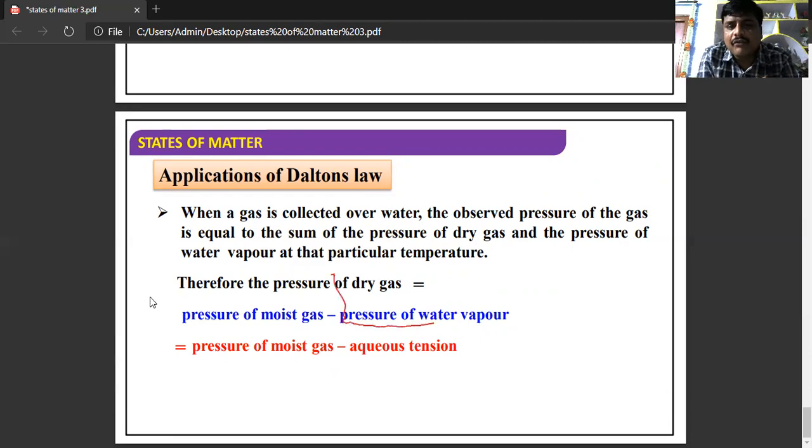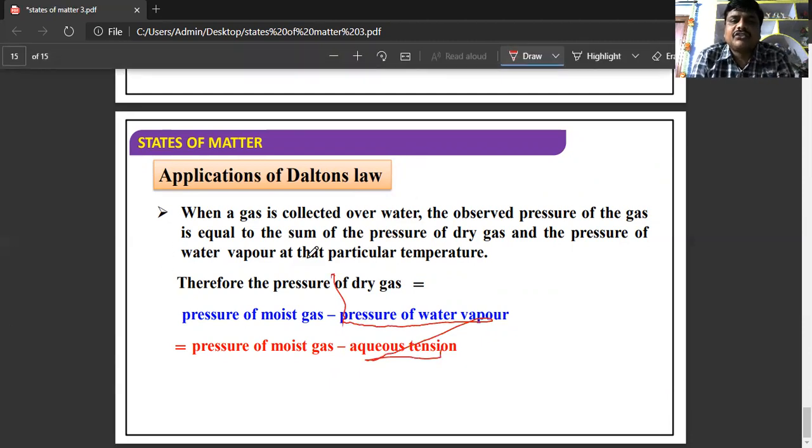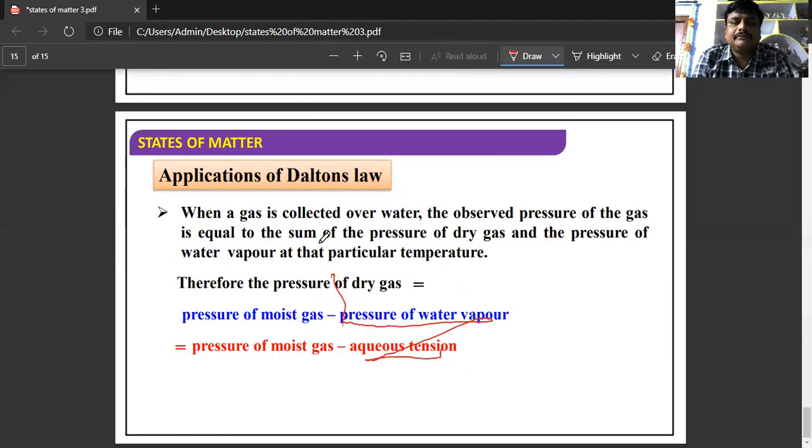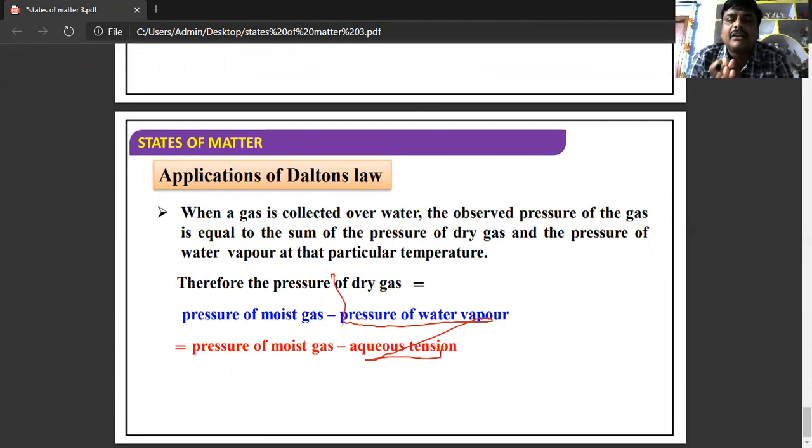This pressure of water vapor is nothing but aqueous tension. So that is about the applications of Dalton's law. In the next class, we'll discuss the remaining topics.